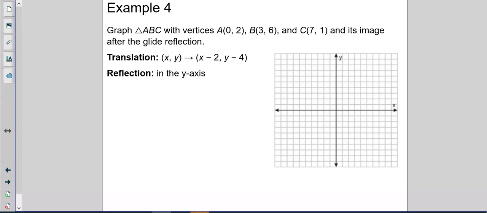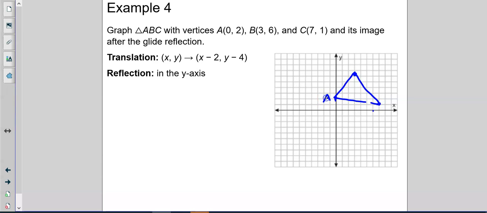All right, graph ABC with vertices 0, 2, 3, 6, 1, 2, 3, 1, 2, 3, 4, 5, 6, and 7, 1. It's really great if you can use a straight edge for these.